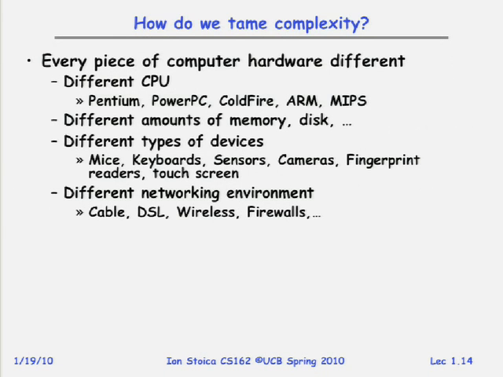So what we mean by complexity is, again, diversity and heterogeneity. I have different CPUs which have different abilities, different power, different amounts of memory with different properties, latency, how big they are.